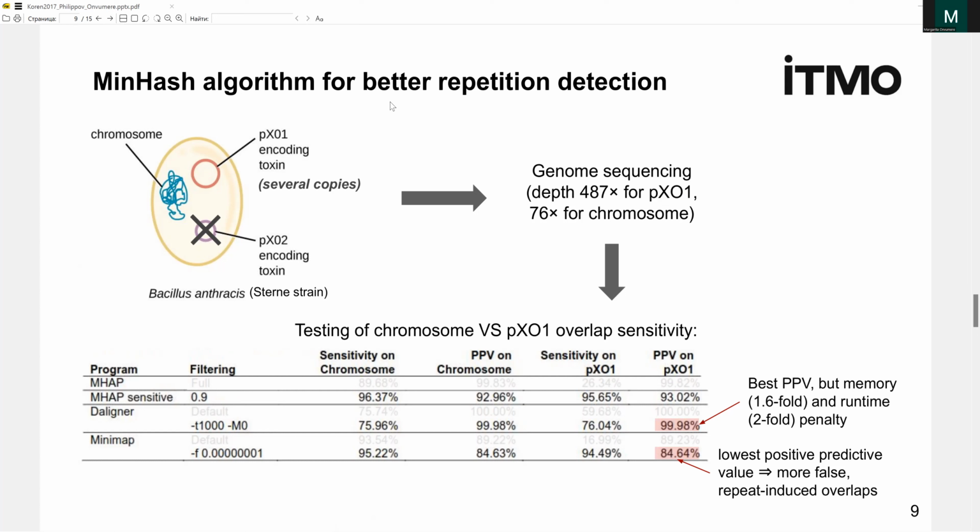And Daligner actually has the best PPV score, but it was not memory and runtime efficient compared to MinHash. So MinHash is the most optimal algorithm in terms of finding overlaps. Next slide, please.